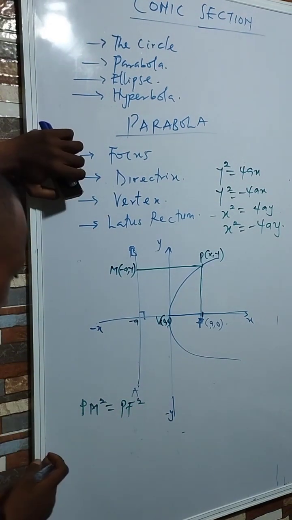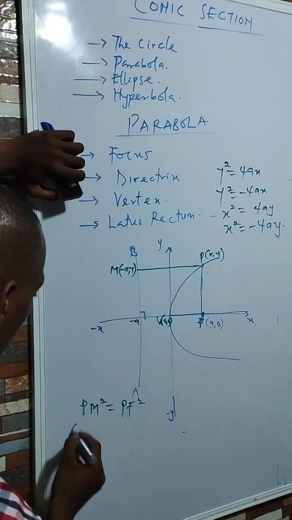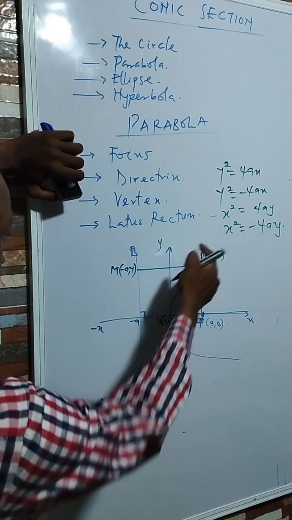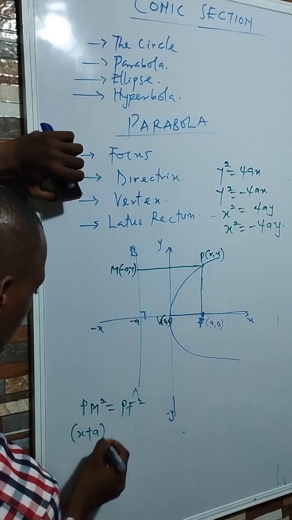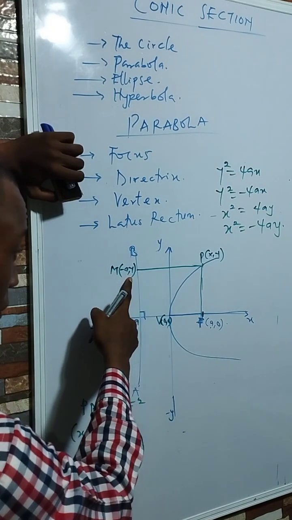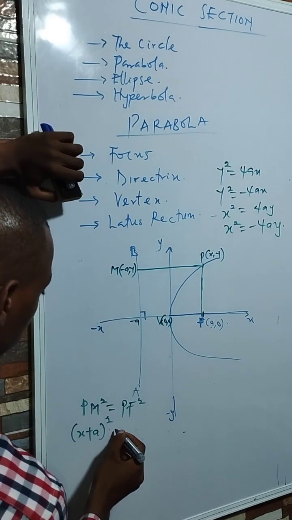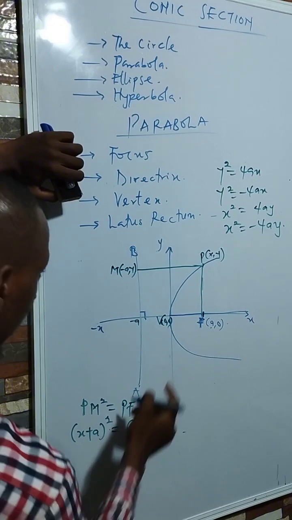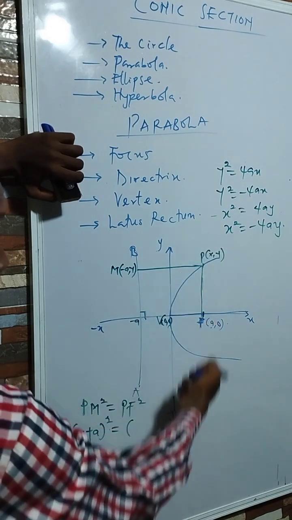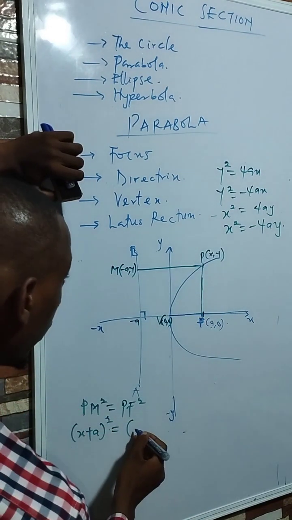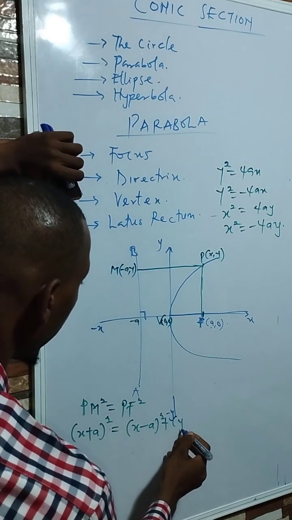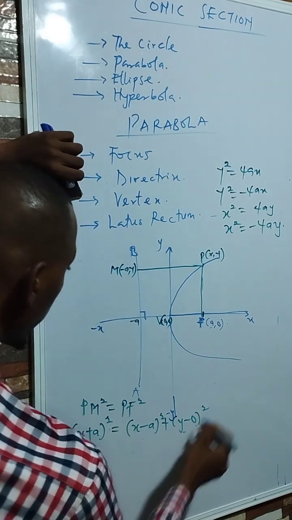And by so doing, we have x plus a all square, plus y minus y, that's 0, so we don't need to write that, equals PM square, the distance from the directrix, which is equal to the distance from the focus, and that gives us x minus a all square plus y minus 0 all square.